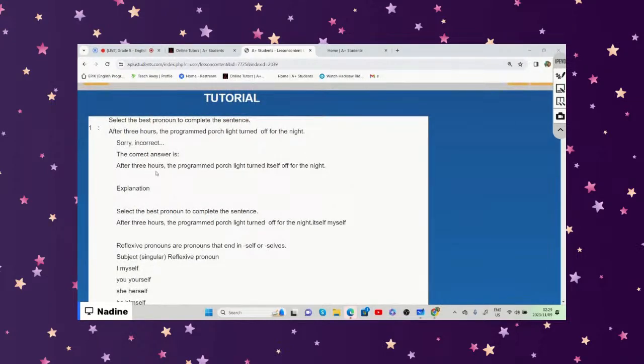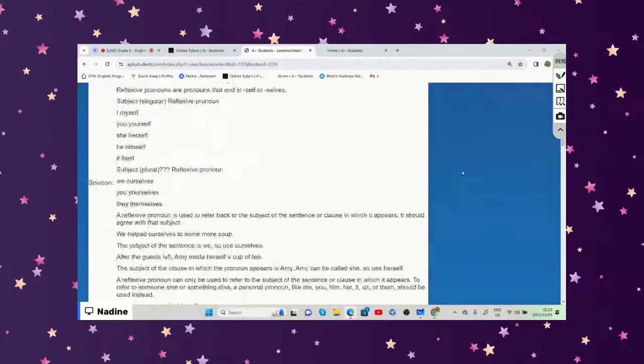Yeah, they say after 3 hours, your programmed porch light turned itself off, which means that itself will show the base pronoun. So after 3 hours, the programmed porch light turned itself off for the night.